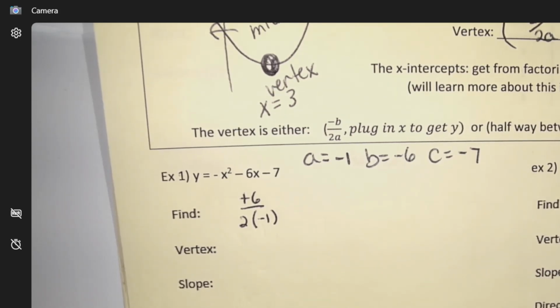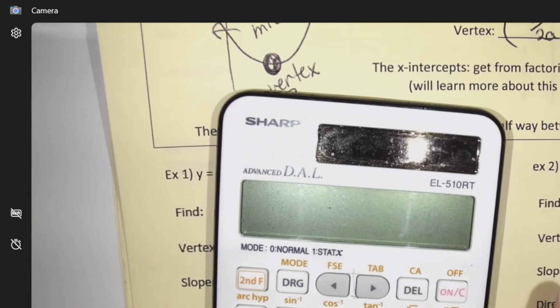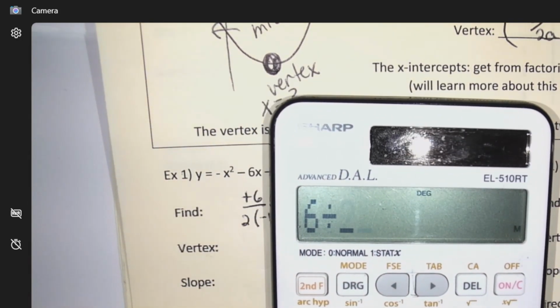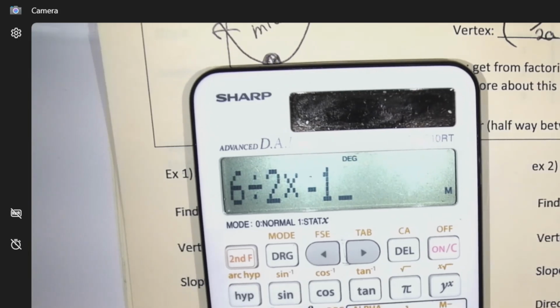Okay, I want you to understand something, because I get this a lot. Somebody is going to get this wrong: 6 divided by 2 times negative 1. That's wrong. Why is that going to come out wrong?